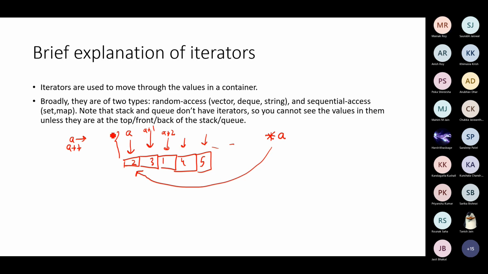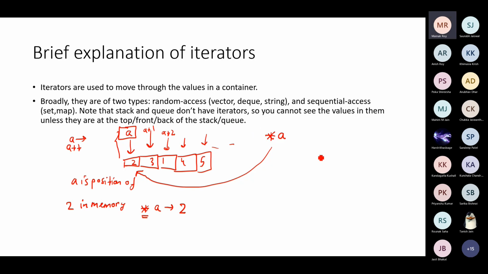A is the position of 2 in memory, and star A, the dereference, this is called the dereferencing operator, gives you 2, because star A means give the value of whatever is at A. I think this much everyone knows from their C class at least.